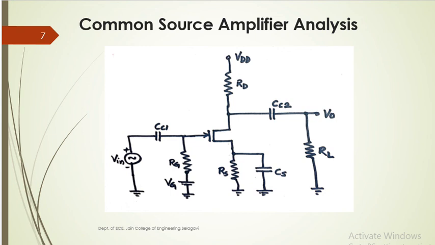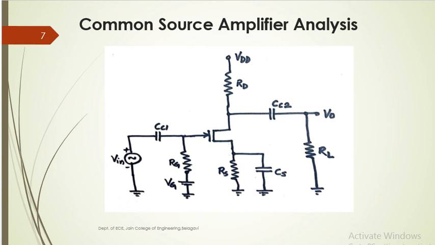This RG is the gate resistor, of very high value, of the order of 150 kilo ohm or even more. VG, a DC voltage, is applied for biasing. Vin is the actual signal connected for amplification. In practice we connect a function generator, and we collect the output across load resistor RL. How to convert this circuit into a small signal AC equivalent model?